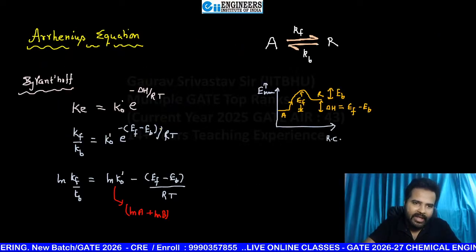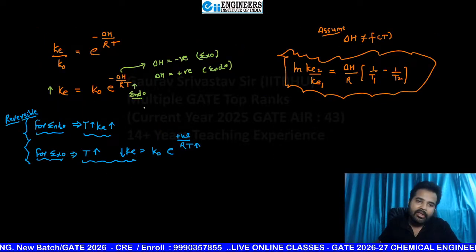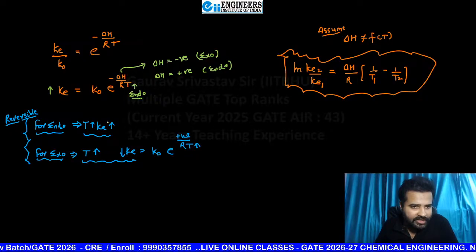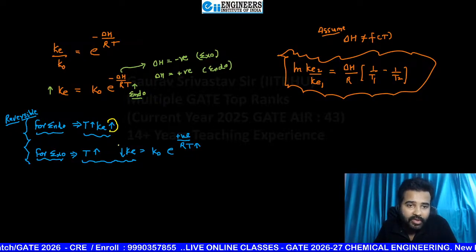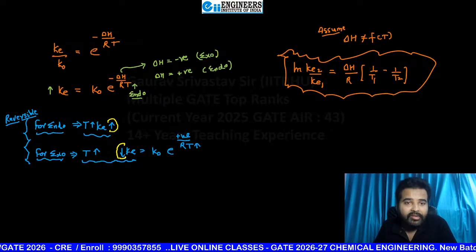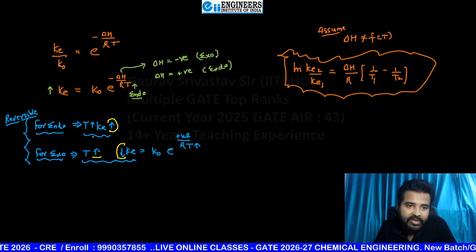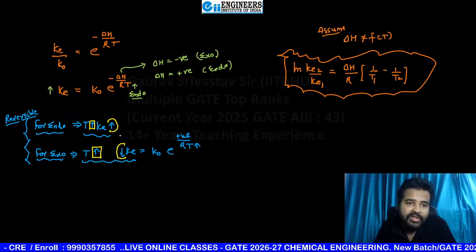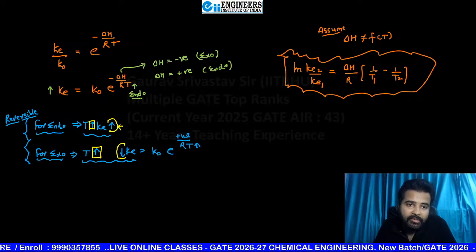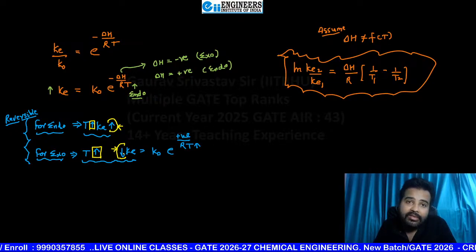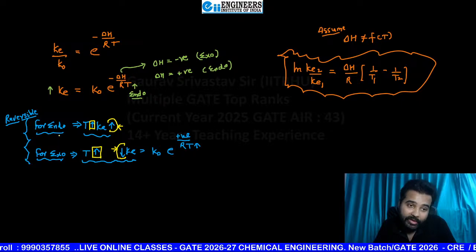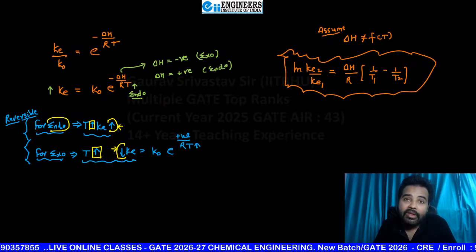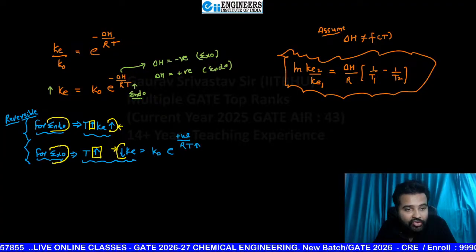When you see this Ke, that is the equilibrium constant, by increasing temperature it may increase, it may decrease. So it is strongly dependent upon whether the given reaction is endothermic or exothermic.